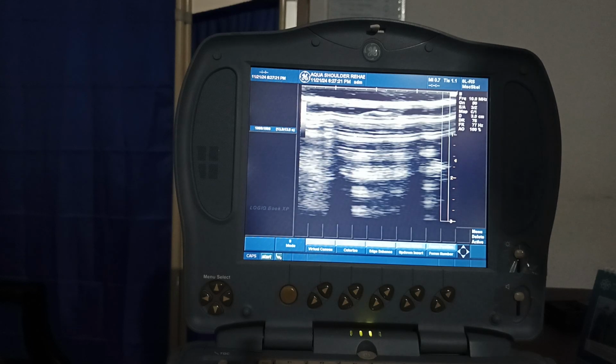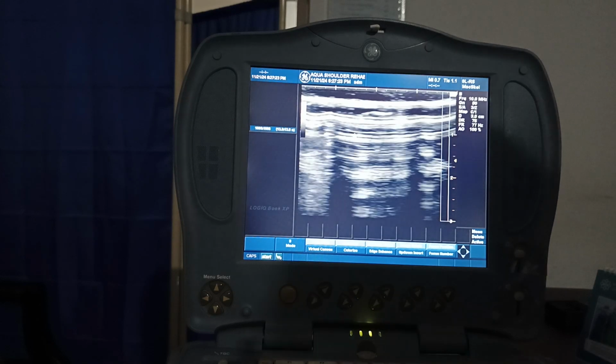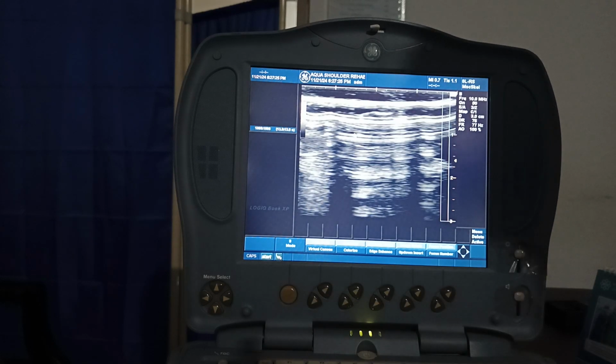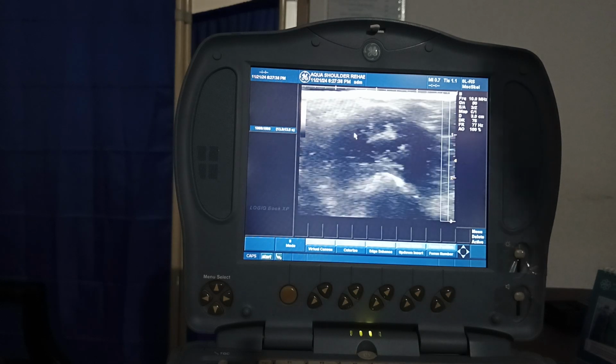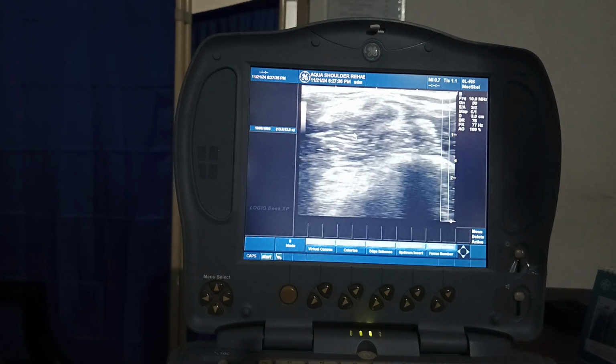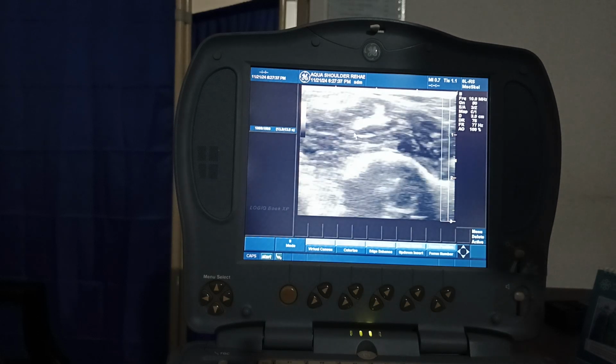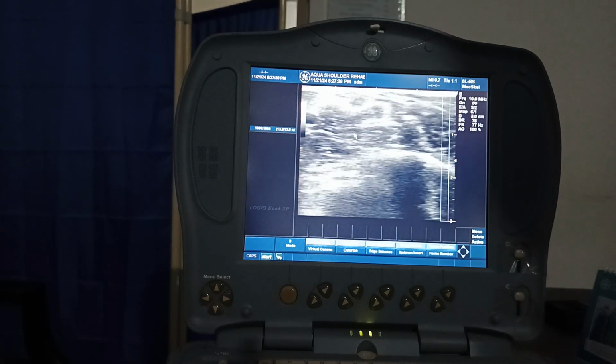For this, we will try to visualize the biceps tendon. So here it is, she can feel, and right now I'm just going to place my probe over there, and now I can clearly see the tendon of the bicep.